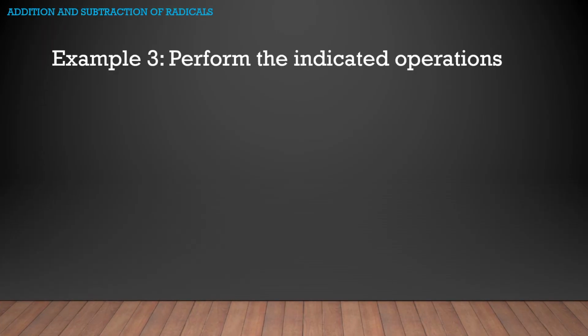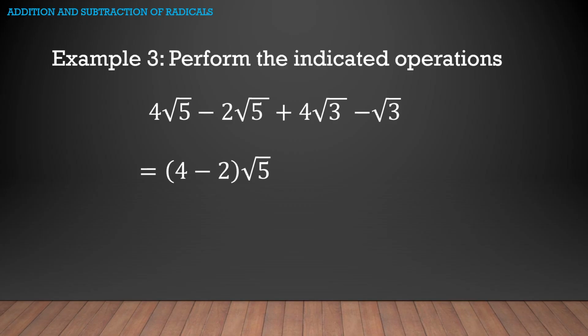Okay, let us have the next example, number 3. So we have 4 square root of 5 minus 2 square root of 5 plus 4 square root of 3 minus square root of 3. So we have different radicals. Now we can combine the same radicals.